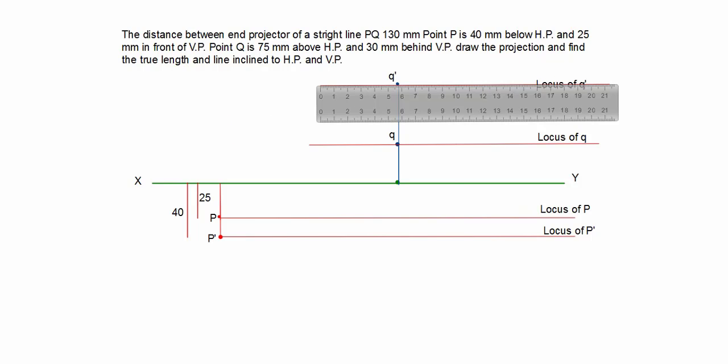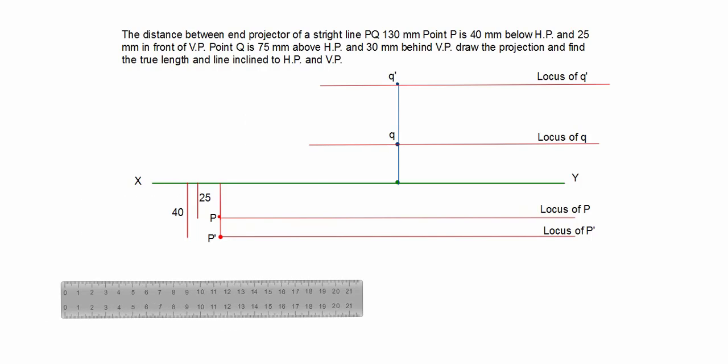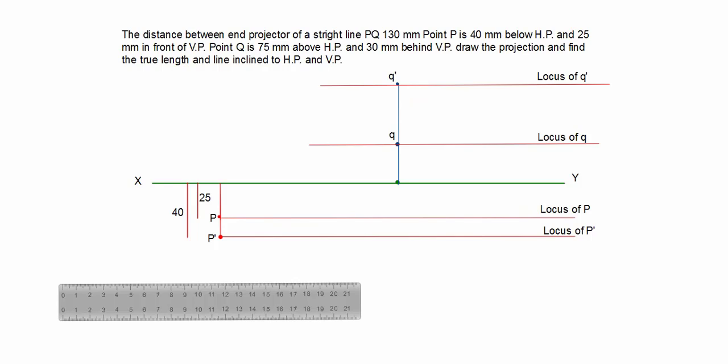Now understand, here on this particular horizontal line we have two points. One is Q dash, already there, the actual elevation endpoint, and one more point, that is the endpoint of true length, that we call Q1 dash.